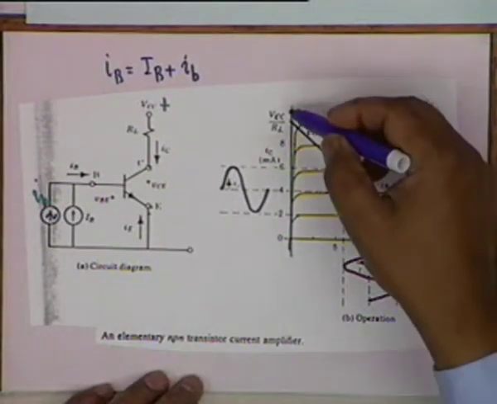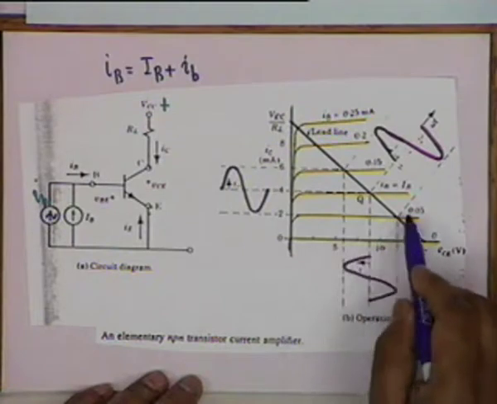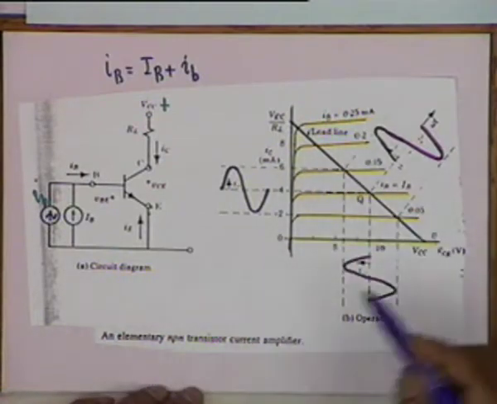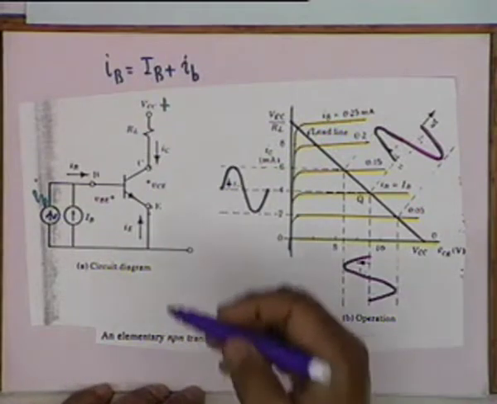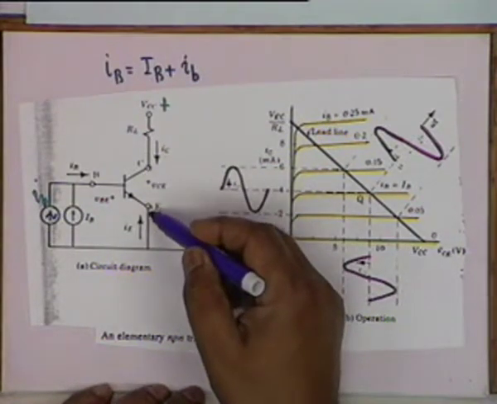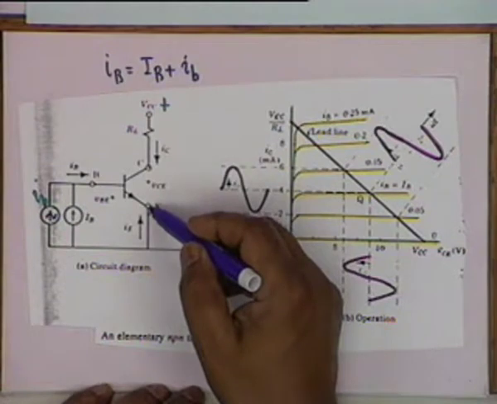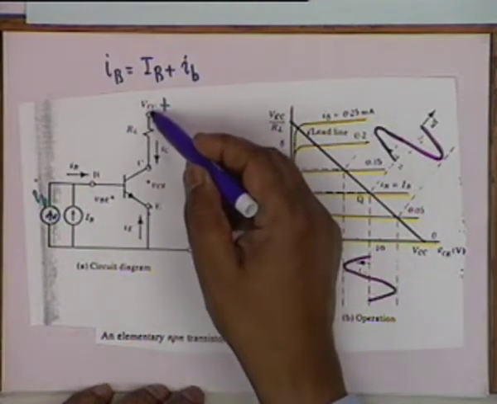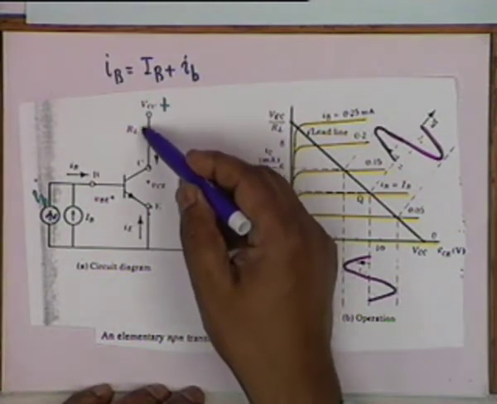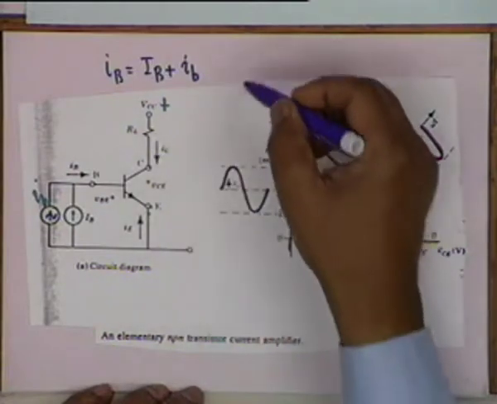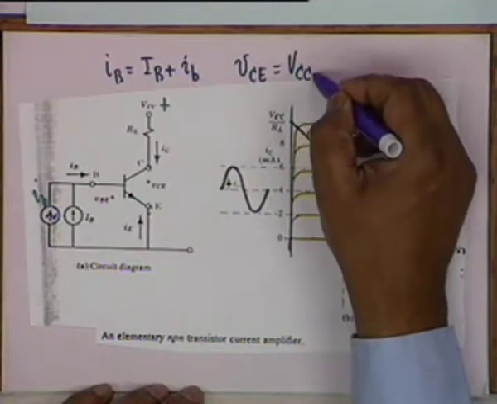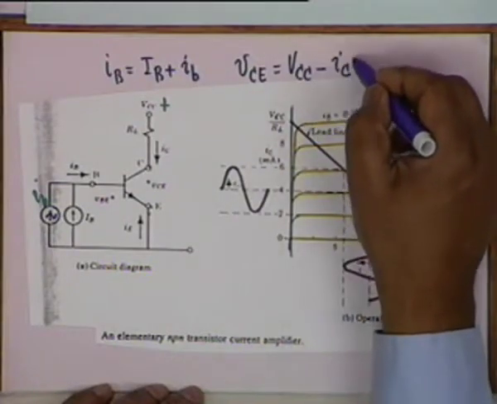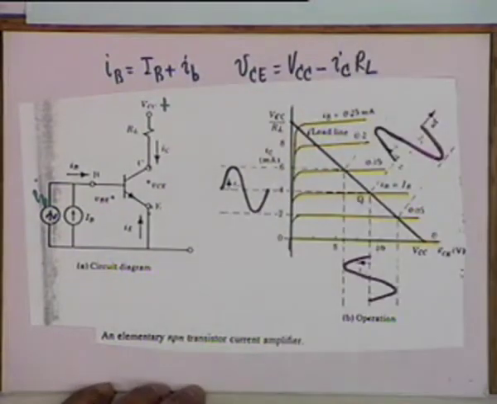Now, if you look at the characteristics, we have plotted the same characteristics again. In addition, this red line here simply specifies the fact that VCE, the collector to emitter voltage, must be the supply minus the drop in RL. That means VCE is equal to VCC minus I sub C times RL, which is the equation of a straight line.